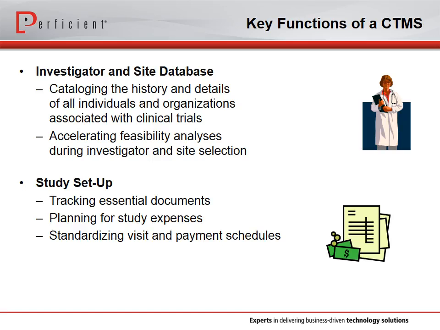So you can see the value of tracking more than just your investigators within a central place. You can also track performance of these individuals and organizations on previous trials. And then you can query all of that data to streamline your site selection process.